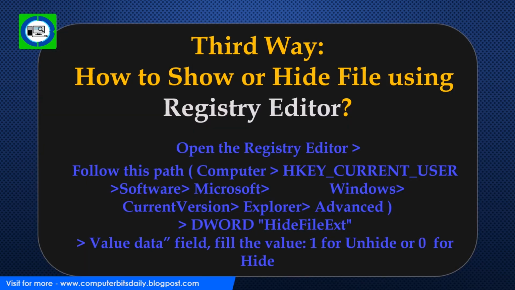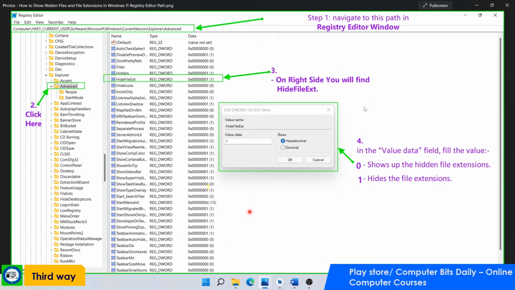Let's play with Registry editor to hide or unhide file extension. This method is little bit tricky, so I am not recommending this to beginners. In this method we have to open Registry editor window, then we have to head to this path: computer, H key current user, software, Microsoft, Windows, current version, Explorer and Advanced tab.